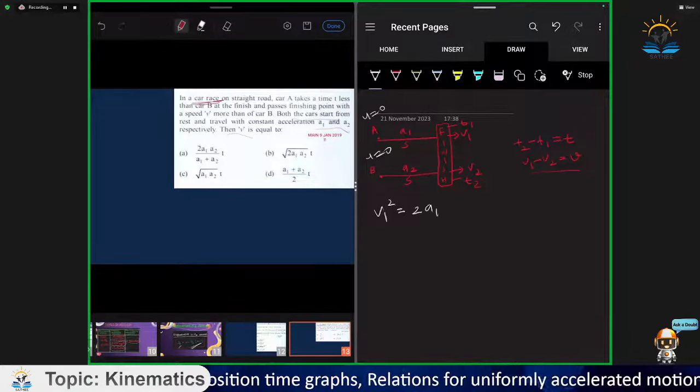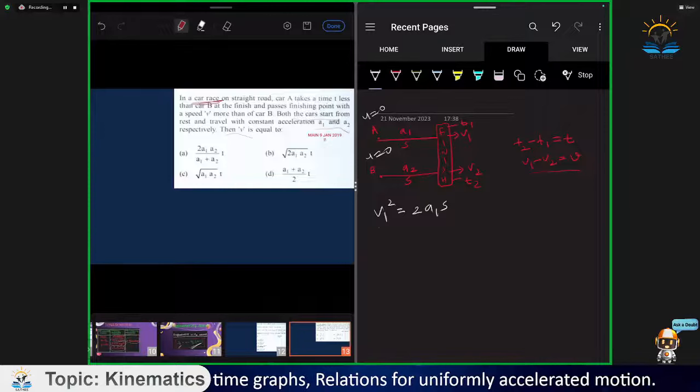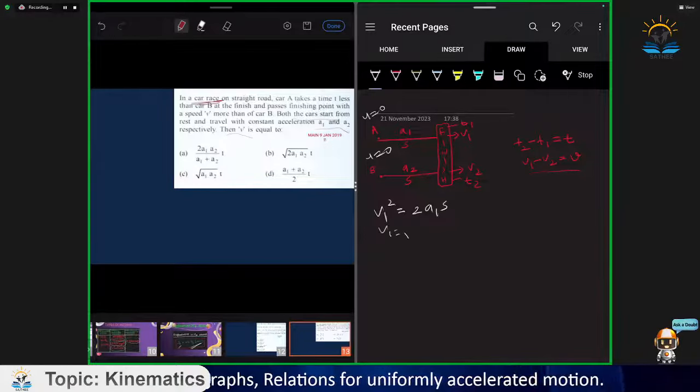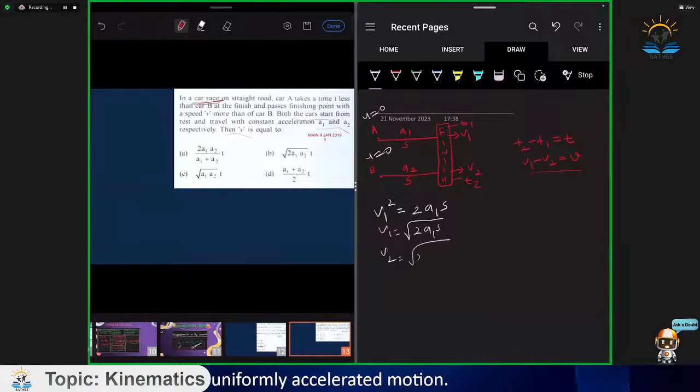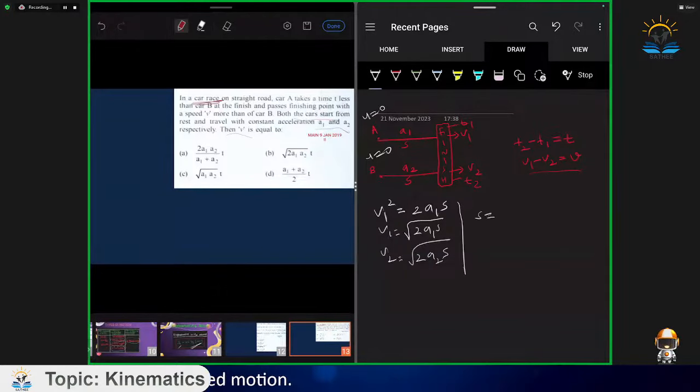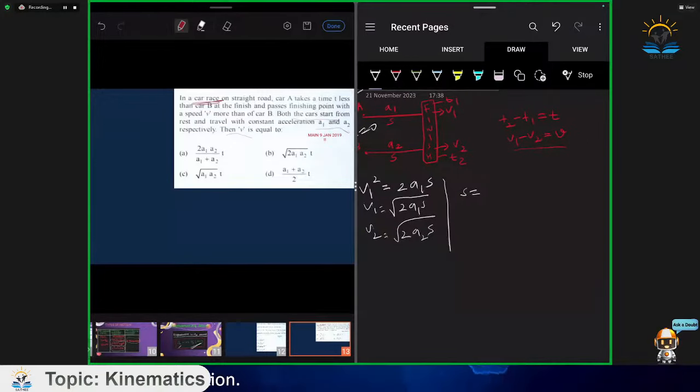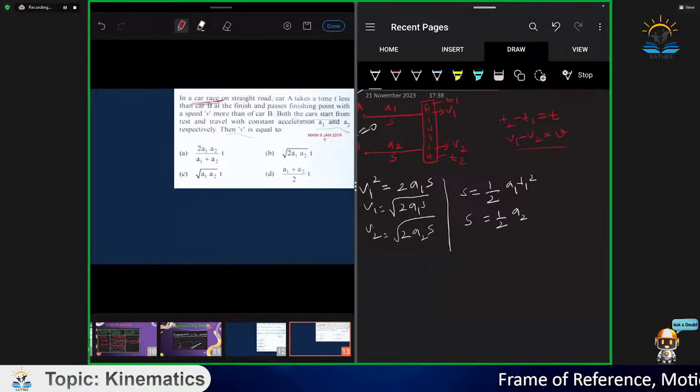So V1 will be root 2A1S. Same equation, V2 equal to root 2A2S. And S is equal to UT plus half AT square. U is 0, so S is equal to half A1 T1 square for car A. This is equal to half A2 T2 square for car B.